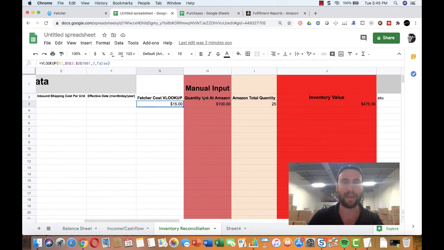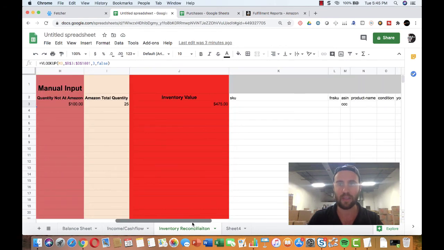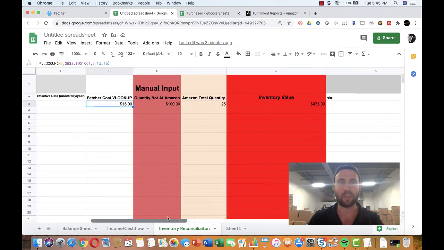Now what I'm doing is I'm manually inputting inventory that's not at Amazon. So whatever dollar figure you have that's not at Amazon for that particular SKU, in this case, or ASIN, in this case, ASIN CCC, you're gonna put that dollar figure right here.